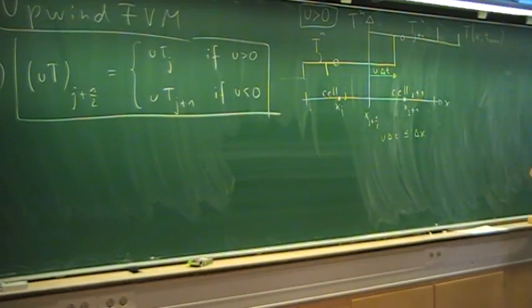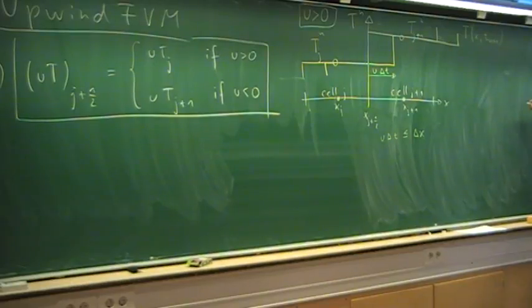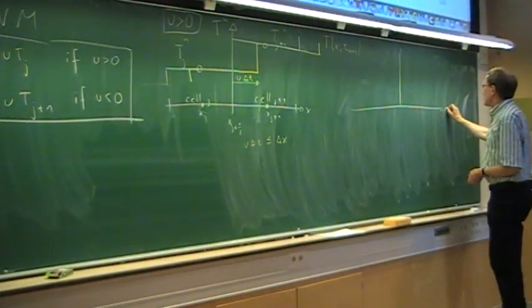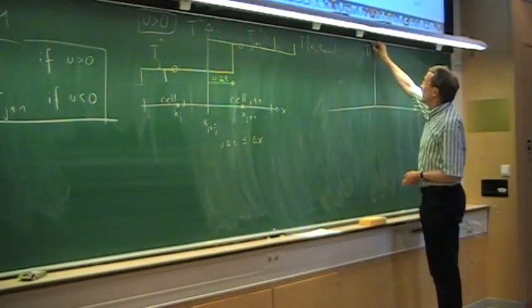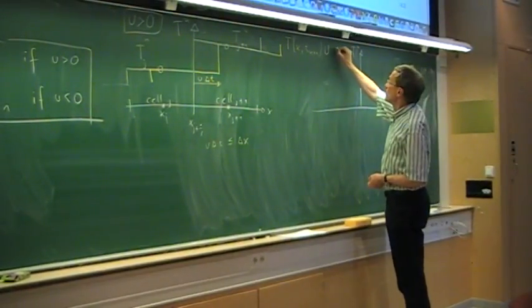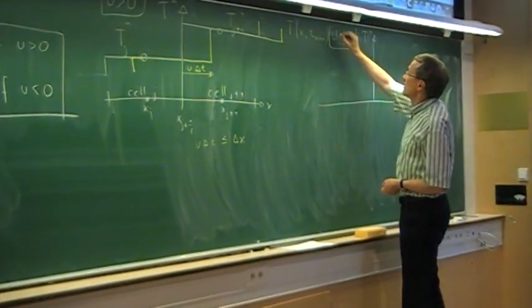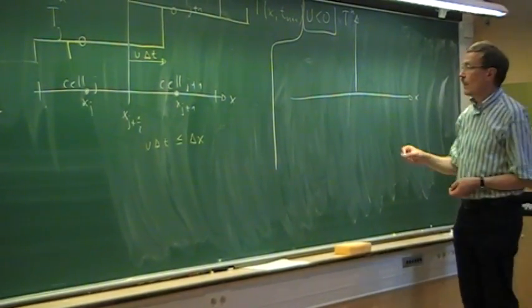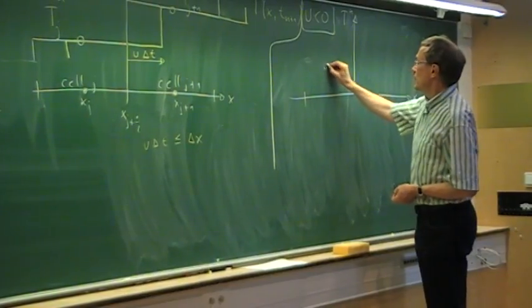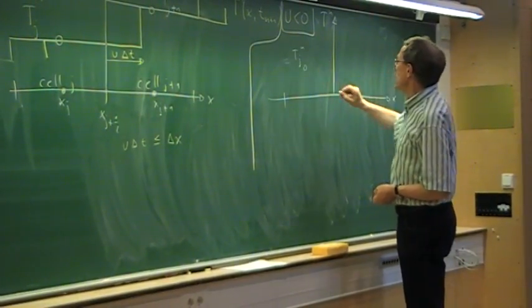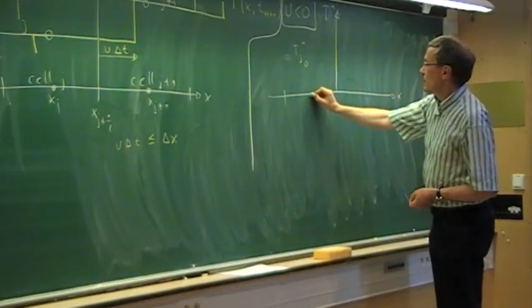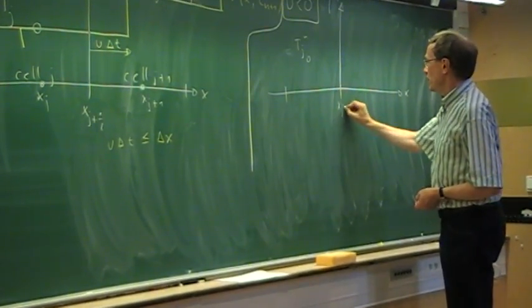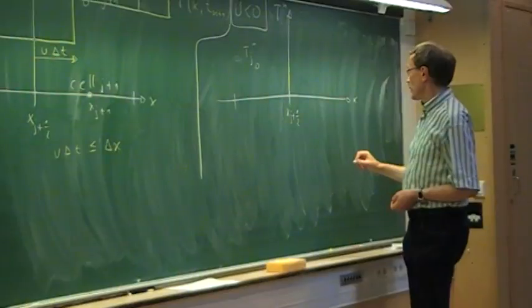If we have the opposite, that u is negative, then we have a new situation. We have x, we have tn, and u negative. So we have here tj, and we have here still our boundary, tj plus 1/2, our cell.